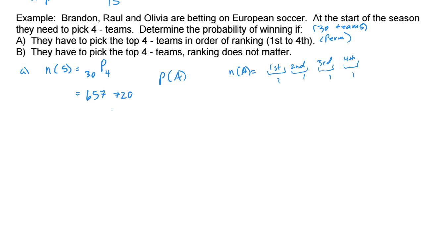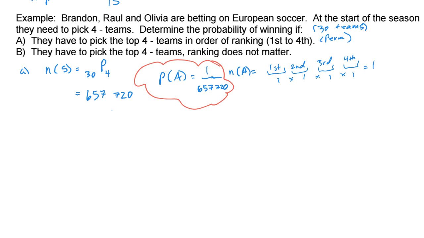So there's only one way to calculate that. So the probability is going to be 1 over our massive number, 657,720. And there's our answer. That's our probability.